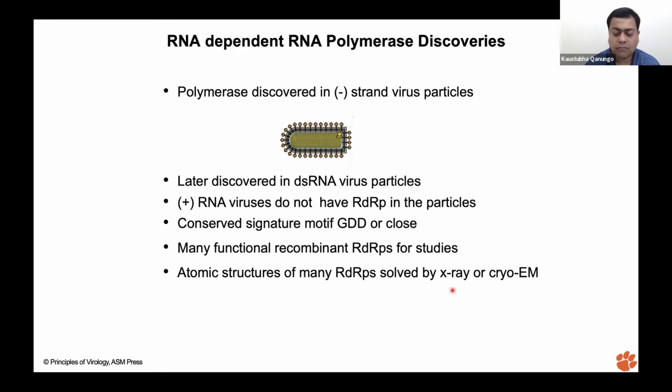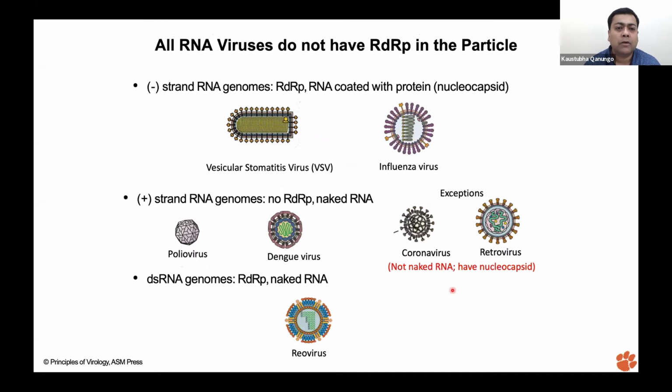by X-ray crystallography. So here we are looking at the fact that not all viruses have the RdRp in the particle. We talked about that in the minus sense RNAs, you do have the RdRp in the particle, as you can see right here. And this is the influenza virus. Each of these segments has an attached RNA polymerase at the end of it.